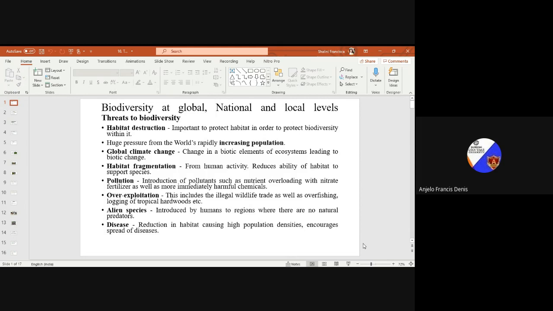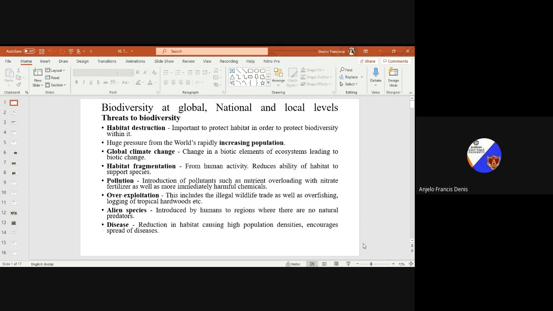There is huge pressure from the world's rapidly increasing population. So rapid growth of population is a major role player in destruction of natural habitat.